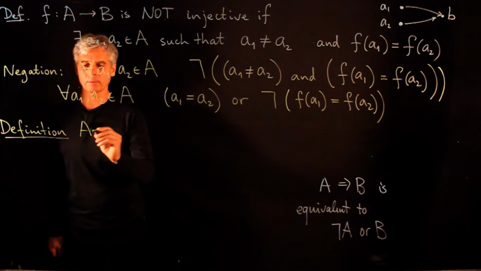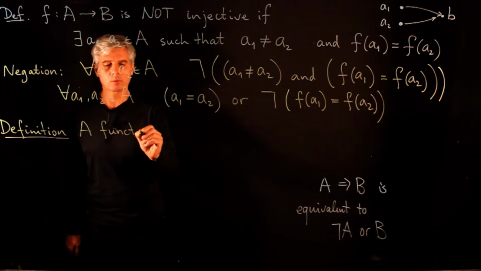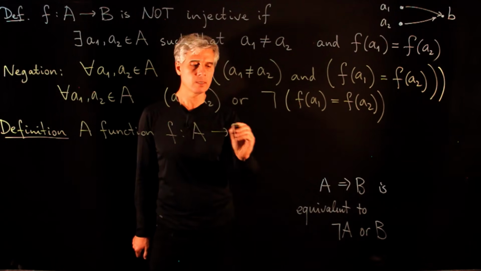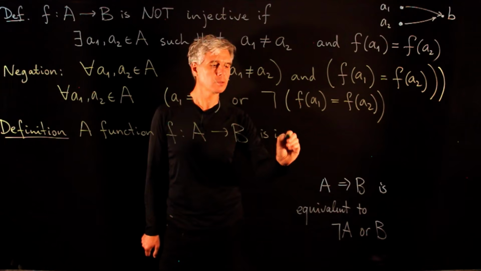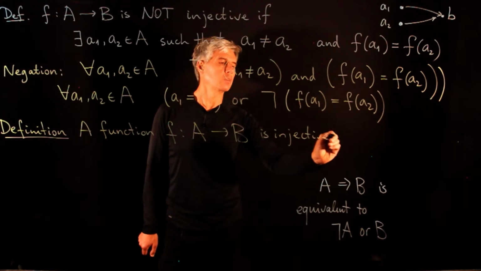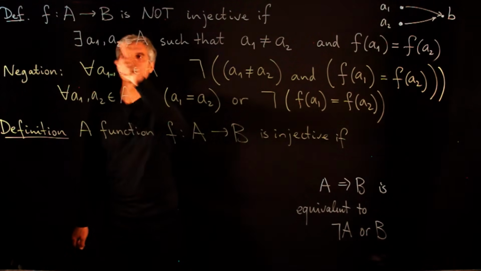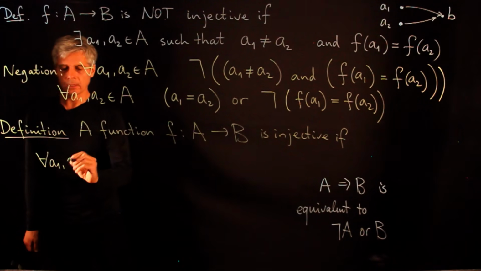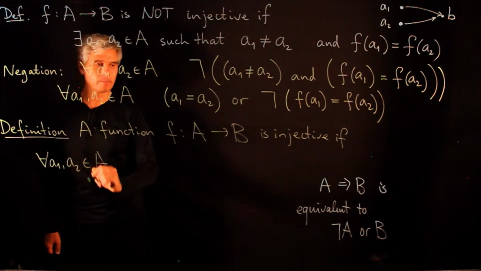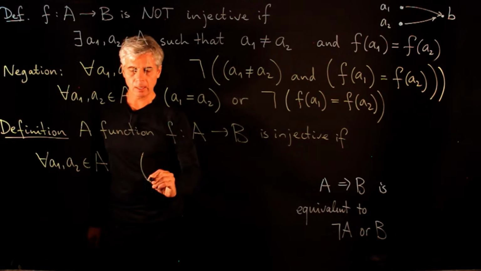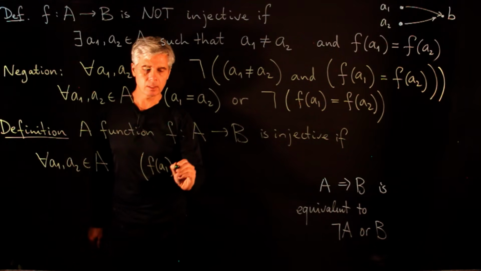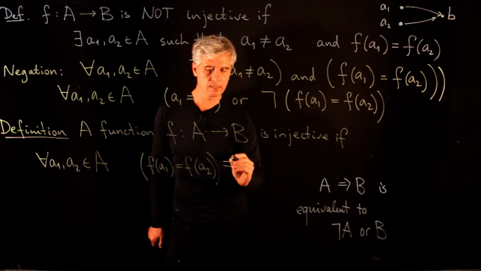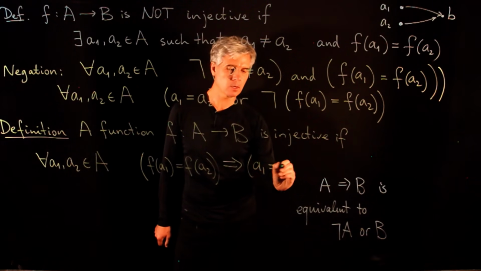So a function f from the set A to the set B is injective if, right, so now we take the negation of this, for all A1 and A2 in the set A, f of A1 is equal to f of A2 implies that A1 is equal to A2.